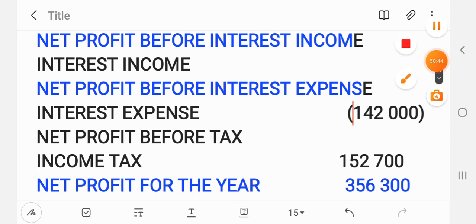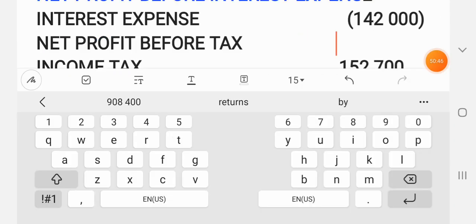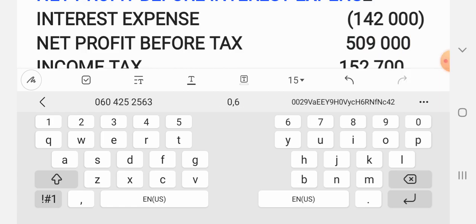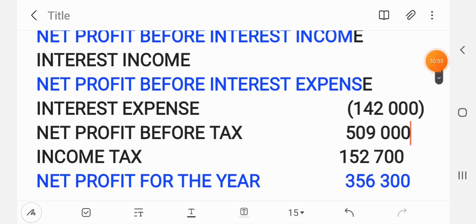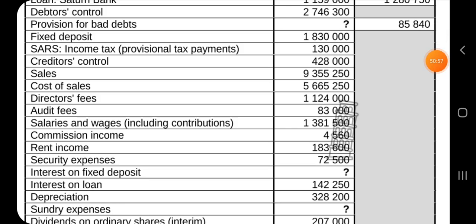I forgot we were able to calculate the net profit before tax, so I'll just put it here. And if you can see, it says income tax provisional tax payment. So a provisional tax payment of 130 was made. So we are going to subtract it from the 152,700 rand in the balance sheet here.